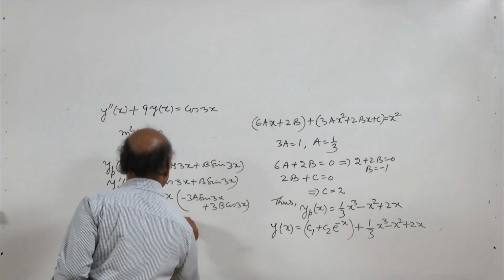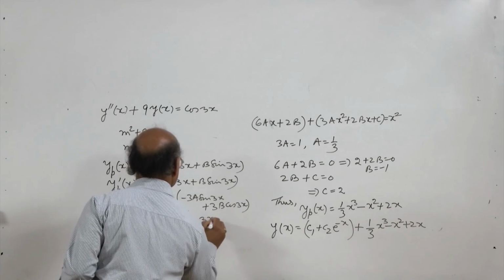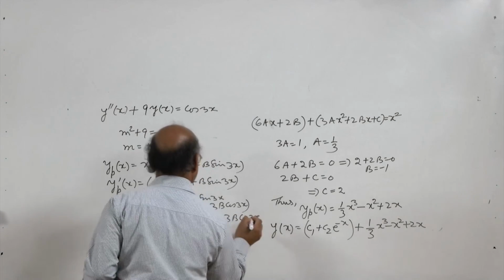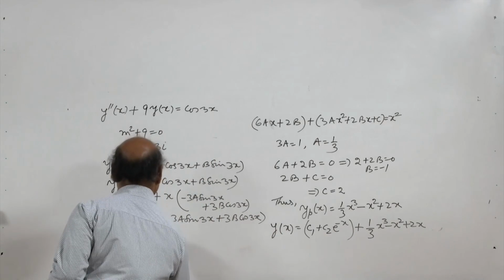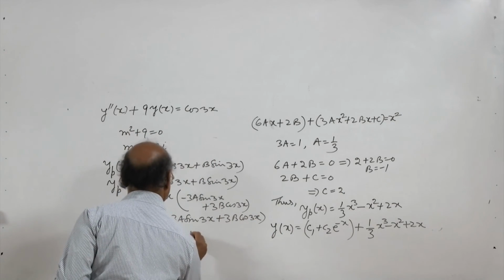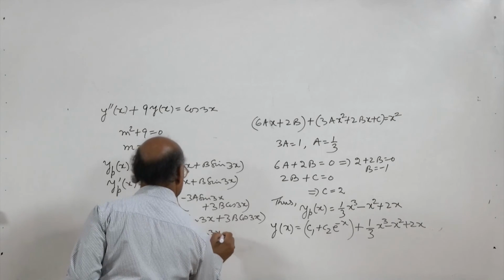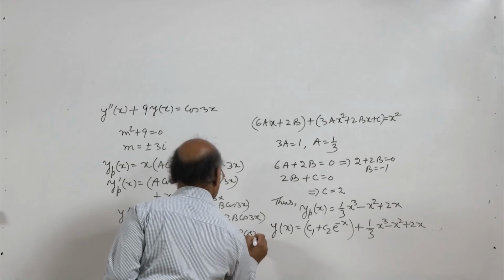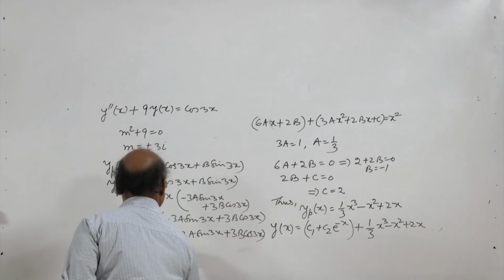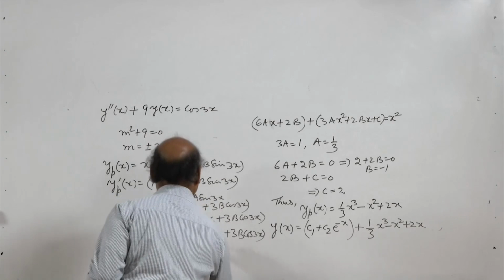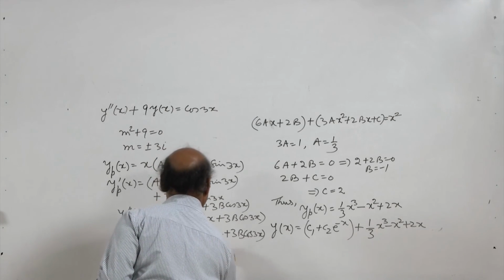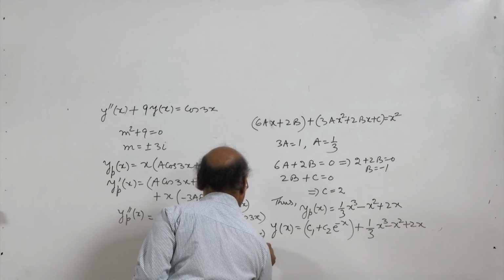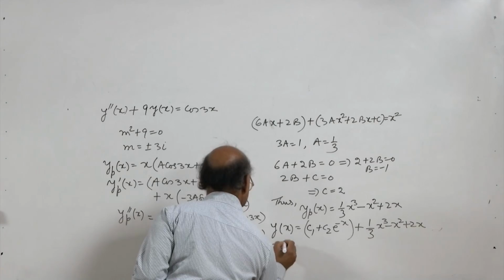minus 3a sin 3x plus 3b cos 3x, plus minus 3a sin 3x plus 3b cos 3x, and then x times (minus 9a cos 3x minus 9b sin 3x).